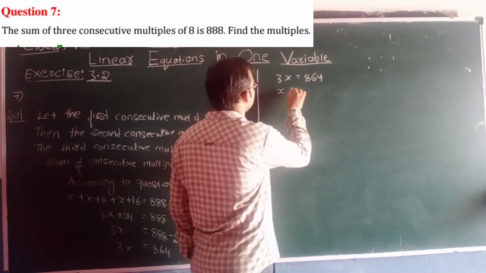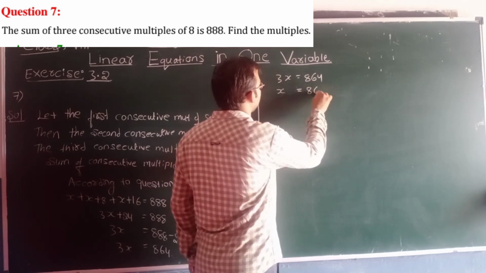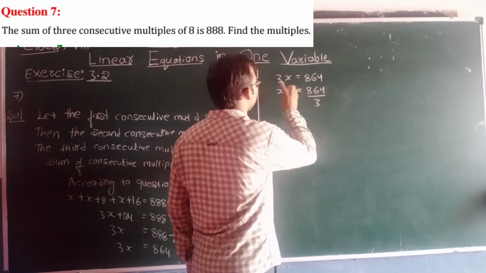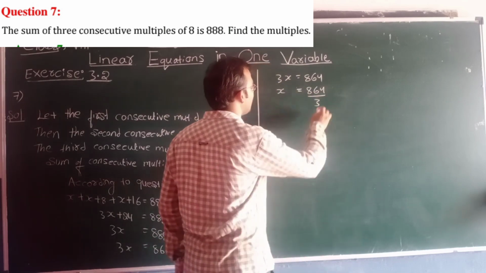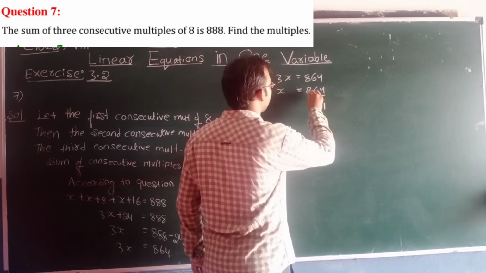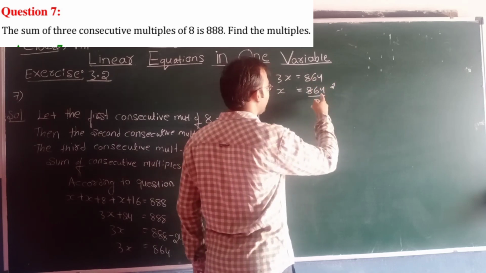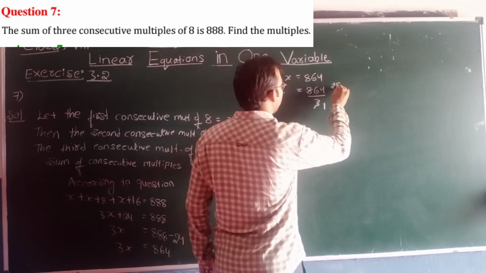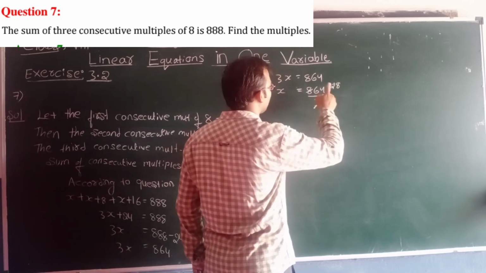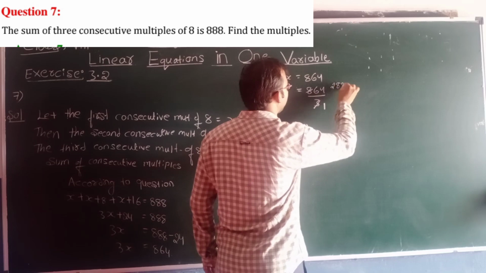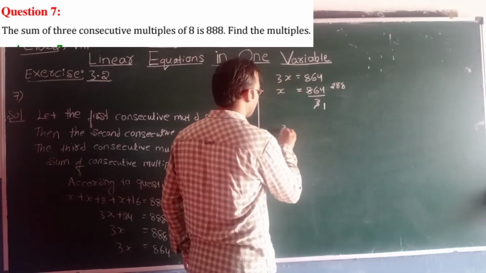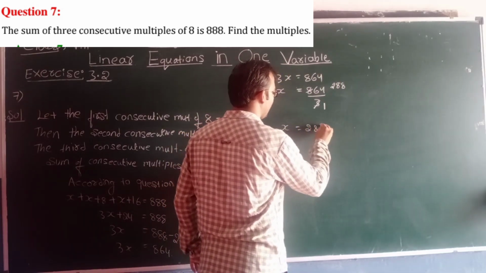So now x equals 864 by 3. You need to transpose this 3 towards the right side. So 3 1s are 3, 3 2s are 6, 2 remaining 26, 3 8s are 24, 2 remaining, again 4, 3 8s are 24. So x equals 288.